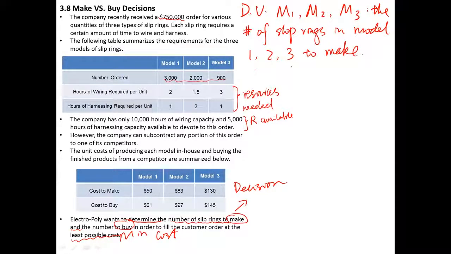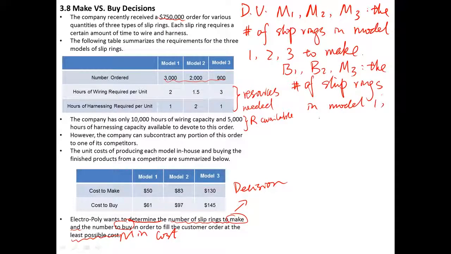And use B1, B2, B3 to represent the number of slip rings in models 1, 2, 3 to buy.